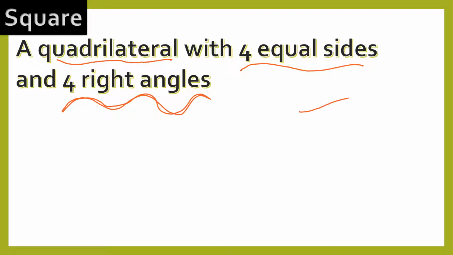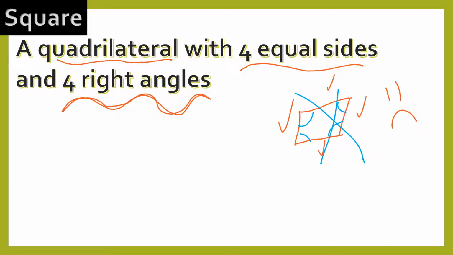So, a parallelogram with four equal sides, look at that, is it also a square? Do those labels match? No, boo. Because look at the angles inside this shape here. This is an obtuse angle. This is an acute angle. Obtuse, acute. This does not work.